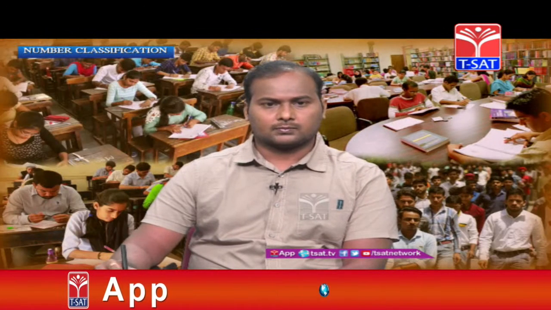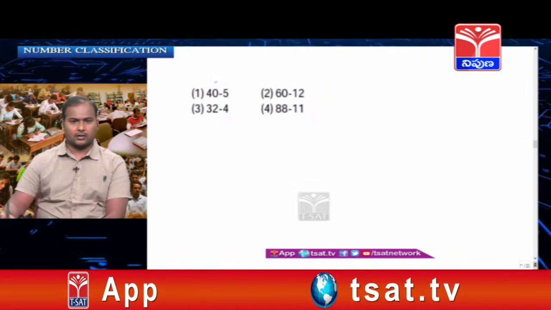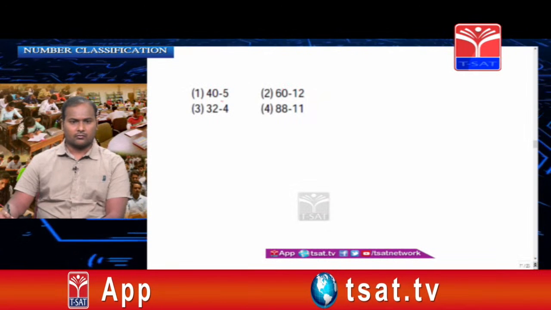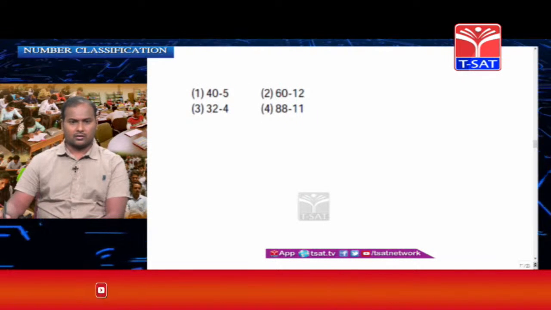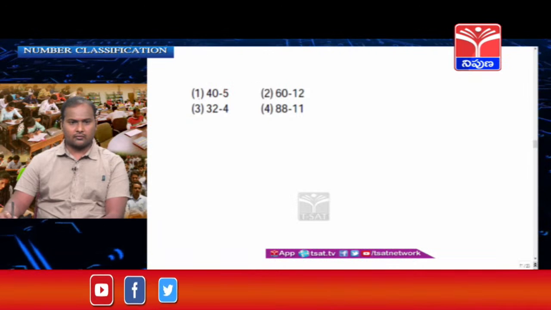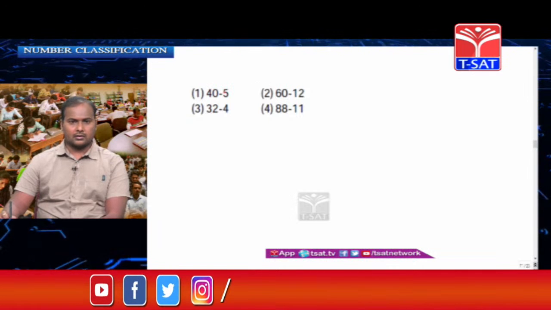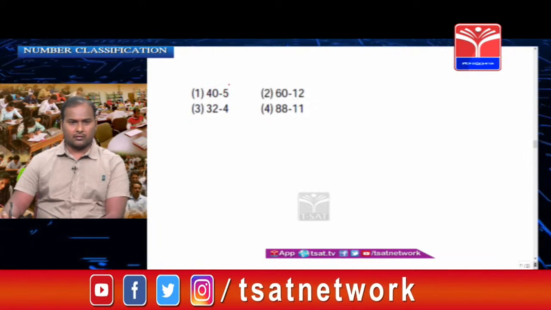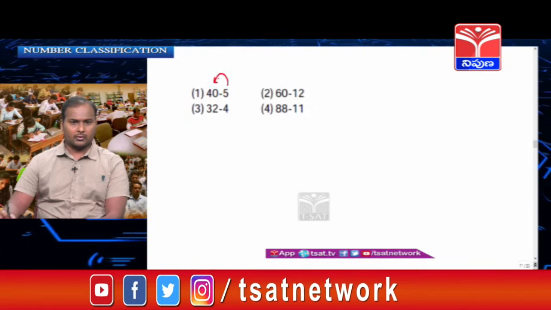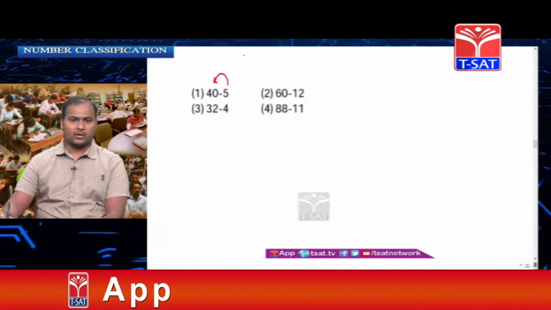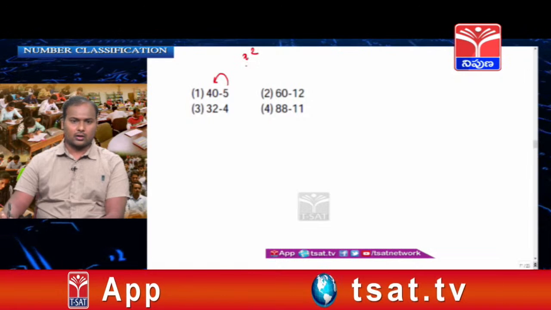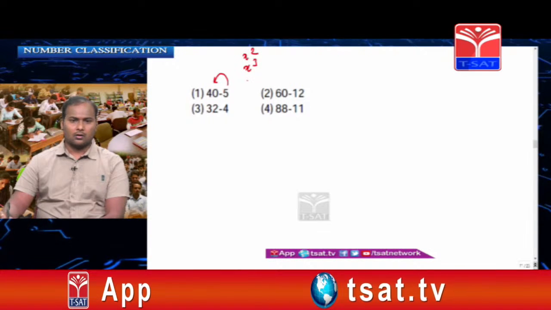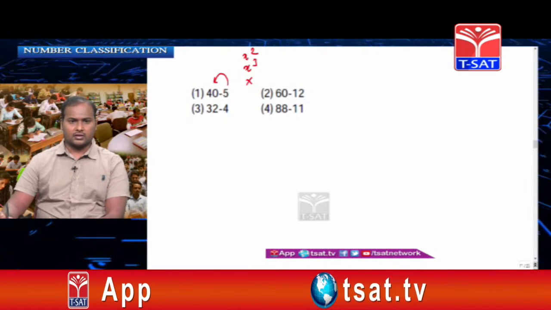See the next question. In this case, 540, 1260, 432, 1188. The moment I see this, 5 is a small number and 40 is a big number. If I want to move from a small number to a big number, what are the possible ways? The possible ways are either square, cube, or multiplication. So these three you have to remember.